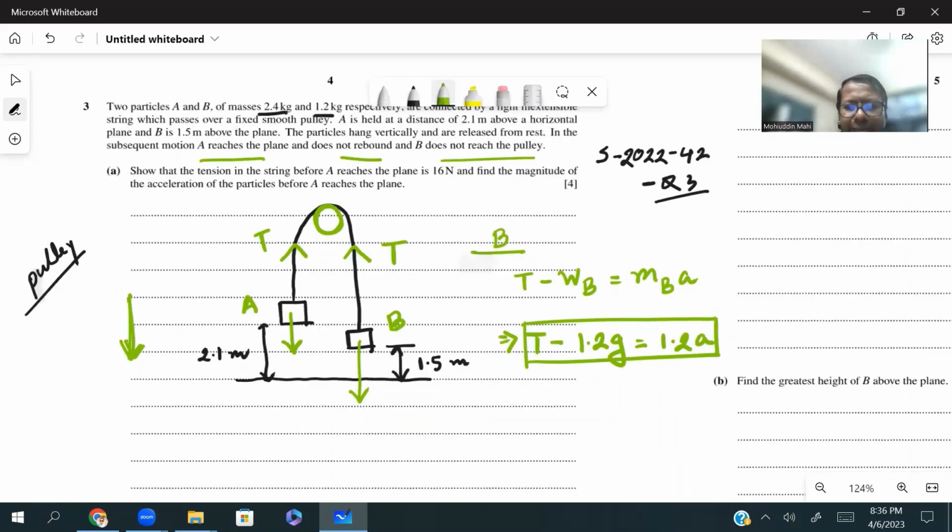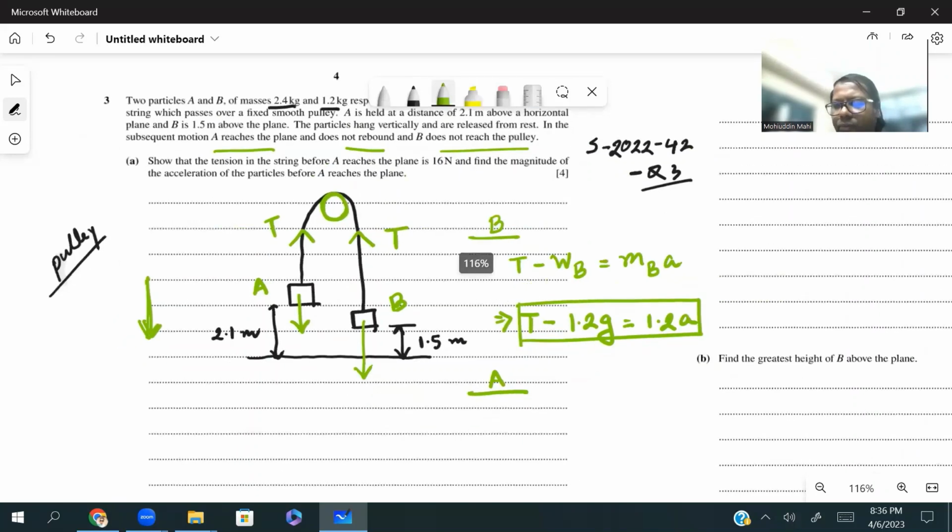Now let's consider A. As A is descending downwards, the weight of A has to be greater than the tension acting on the string on the part where A is suspended, right?